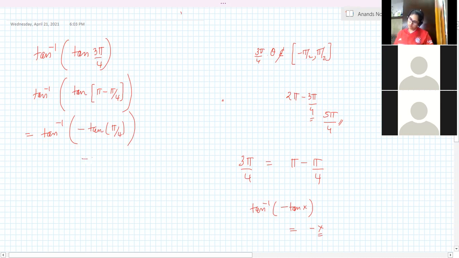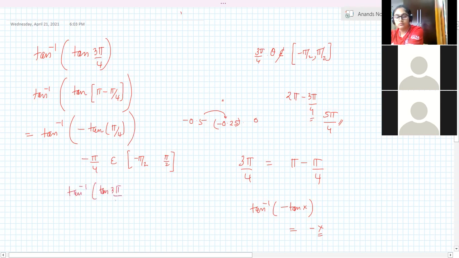That means minus pi by 4 belongs to this range, because it's minus 0.5. When you're coming towards 0, you will encounter minus 0.25 as well. So minus 0.25 belongs to this range. That means tan inverse of tan 3 pi by 4 is equal to minus pi by 4.